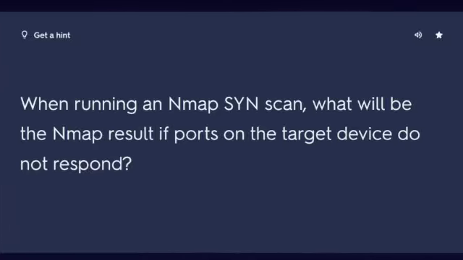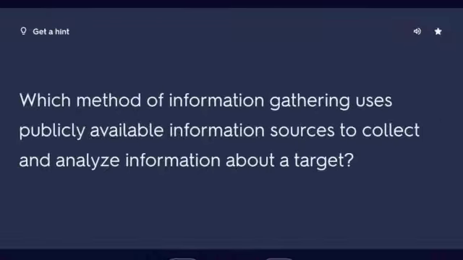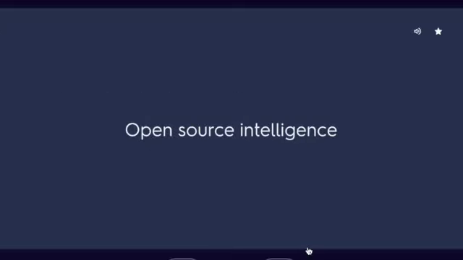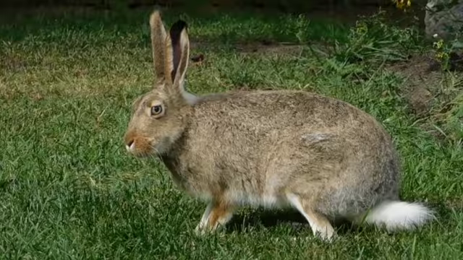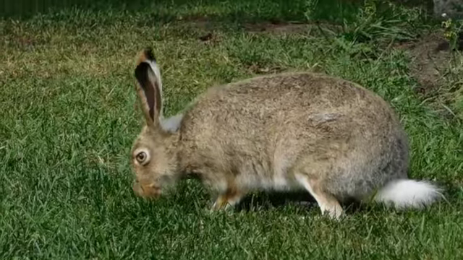Passive. When running an Nmap SynScan, what will be the Nmap result if ports on the target device do not respond? Filtered. Which method of information gathering uses publicly available information sources to collect and analyze information about a target? Open source intelligence. You'll see these concepts show up again and again, especially in the PBQs.